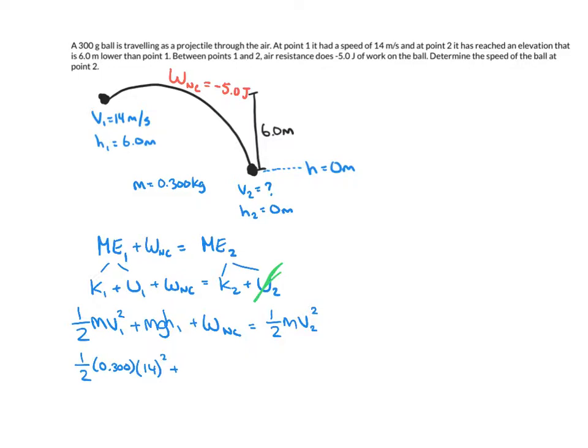I was noticing, marking some of your work, that you need to be a little more careful in terms of not leaving anything out. I've seen some solutions where they forgot to square one of the speeds, or forgot to put the mass in for mgh, and since there are so many things here, it's really easy to make those kinds of mistakes. So you've got to be really careful. So this WNC here is negative 5.